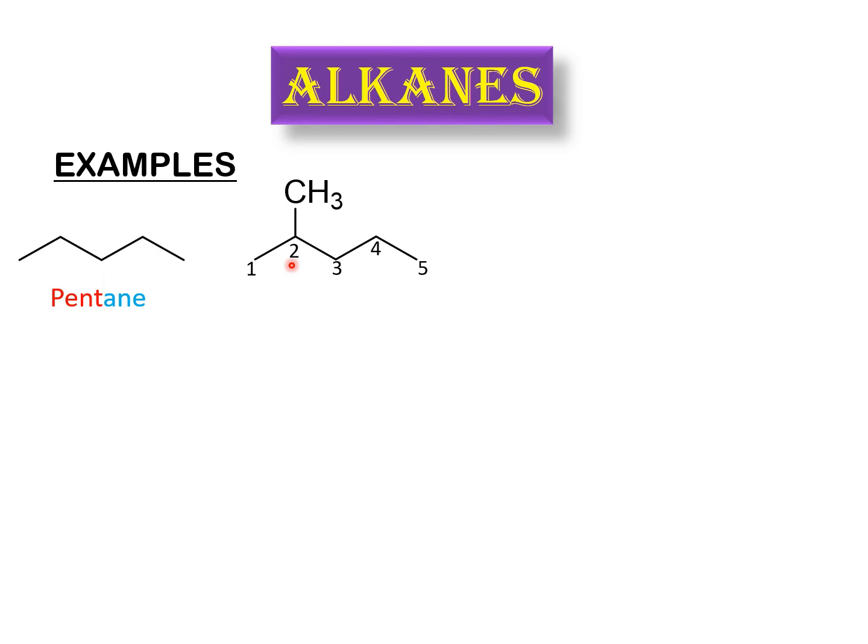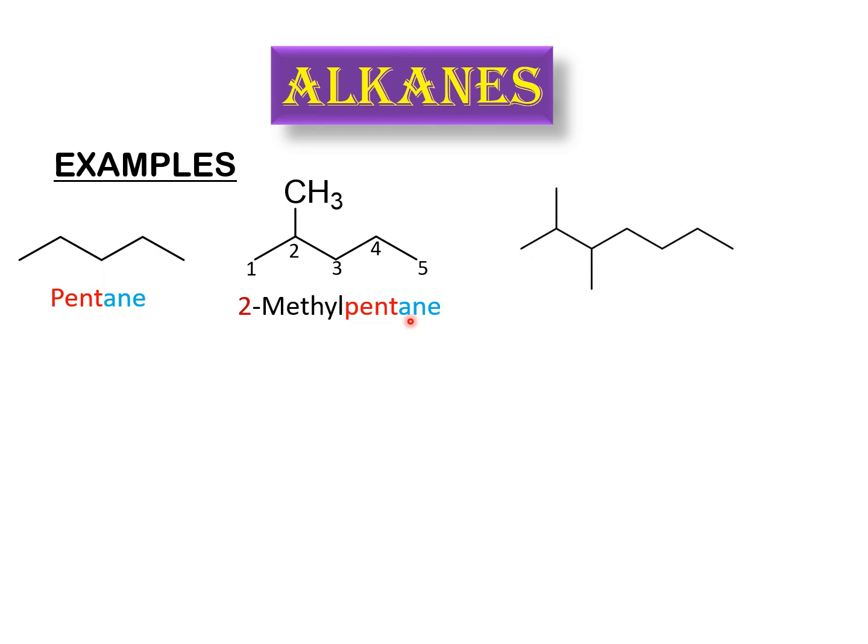So the parent molecule has 5 carbons, so the prefix is pent, and because it belongs to the alkane class of molecules, the name ends with ANE. So finally the name would be 2-methyl. 2 is the position of the substituent, methyl is the name of the substituent, separated by a hyphen, then the prefix for the number of carbon atoms in the chain, and finally the name ends with ANE. So the final name is 2-methylpentane.